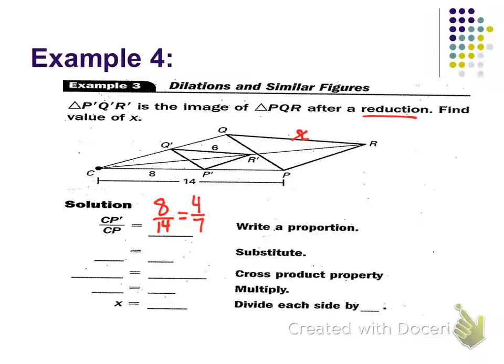So we'll just change this step a little bit here. If you write it off to the side or fill it in here, it's fine. Making this comparison is going to be the same as comparing Q prime R prime to QR. We're allowed to do that. So what they wanted there was CP prime compared to CP is the same as Q prime R prime compared to QR.